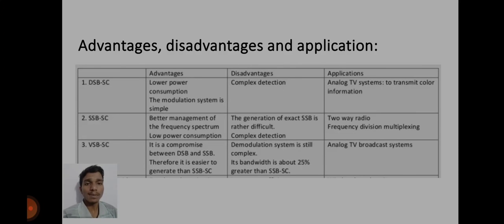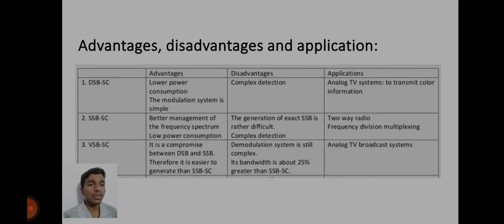And VSBSC. When it comes to VSBSC, the advantage is that it is a compromise between DSBSC and SSBSC as mentioned previously. Therefore, it is easier to generate than SSBSC.